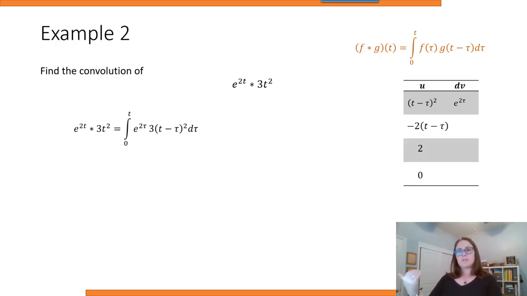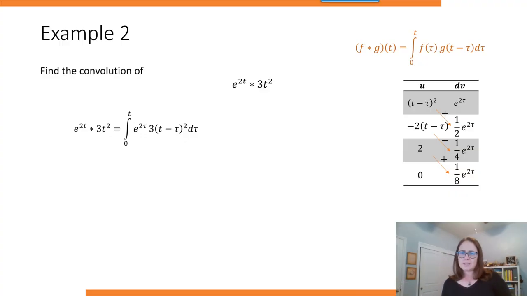And so now I'm going to integrate the same number of times with the e to the 2 tau. That'll give me a 1/2 e to the 2 tau, then a 1/4 e to the 2 tau, and finally a 1/8 e to the 2 tau. And then for using the tabular method, you're going to multiply down the 3 diagonals you get, alternating the sign plus and minus to go with the formula uv minus the integral of v du.